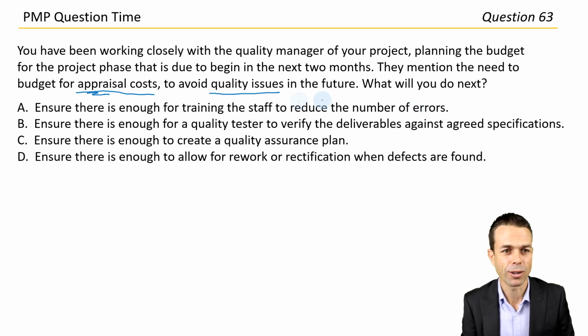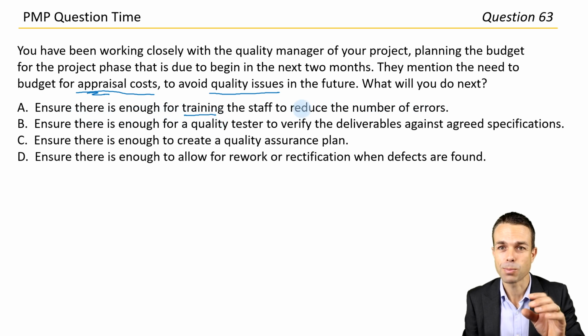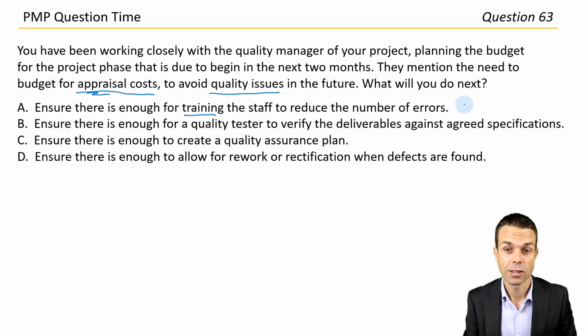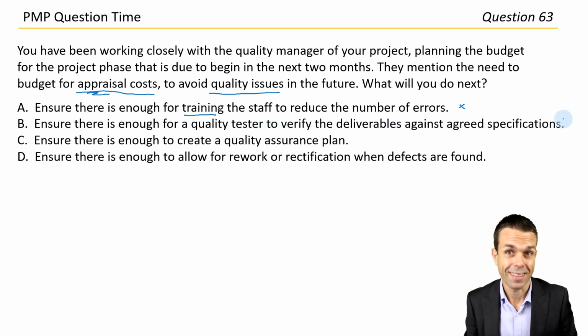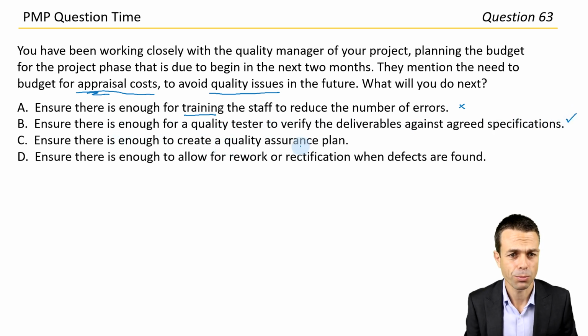So let's see what we've got here. Ensure there's enough for training. I think we've had that in a previous question. That's probably preventative. So we're preventing quality issues by training people for the future. So it's a good practice, but not for us. Ensure there's enough for a quality tester to verify the deliverables against the agreed specifications. That sounds pretty good from our testing point of view. Ensure there's enough to create a quality assurance plan.